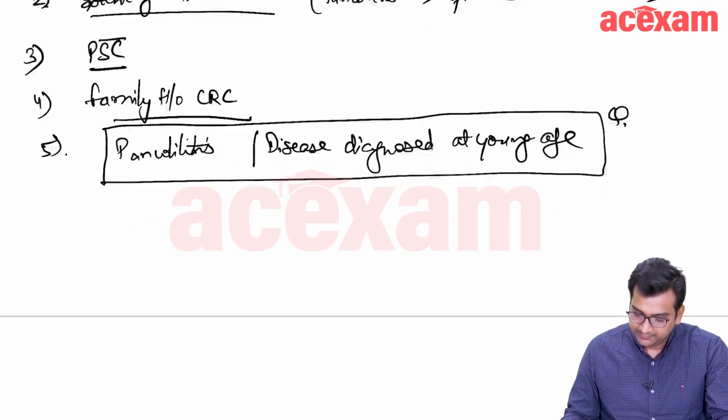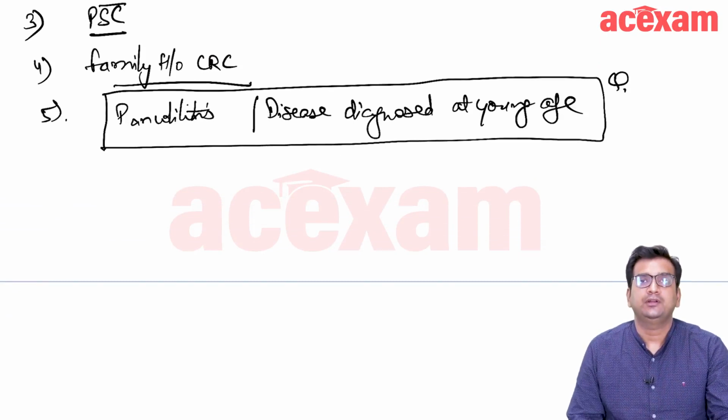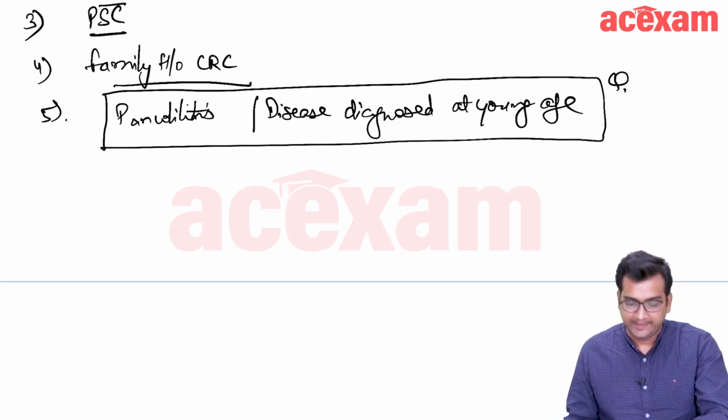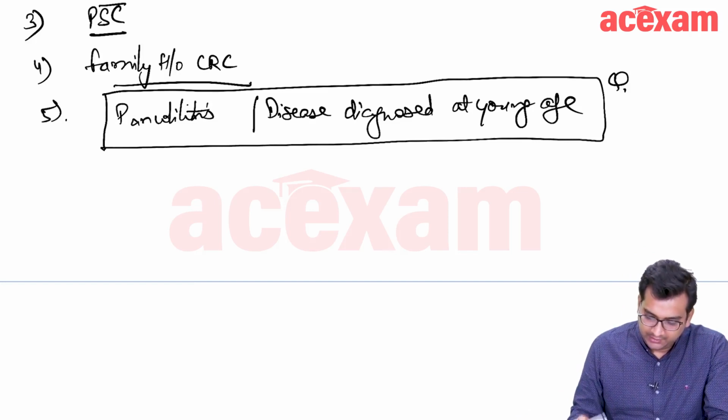Now, this ulcerative colitis related colorectal cancer, I have already told you, it is equally distributed. The chances of synchronous lesion is up to 12%, and it is more mucinous type, but the prognosis is similar to sporadic cancer. Okay. Now, I will write the features.